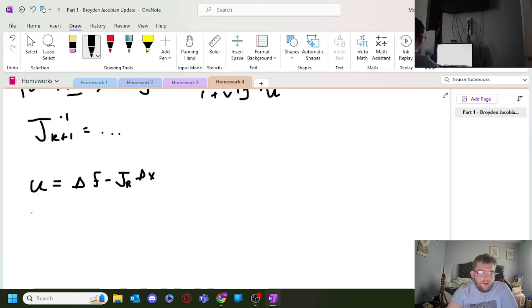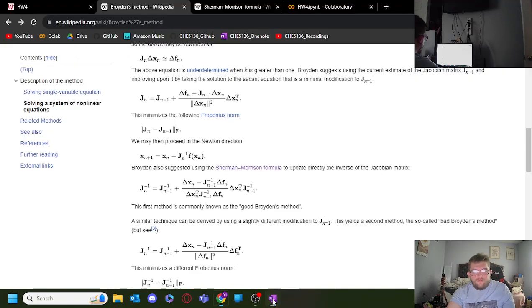That's our U. Now our V transpose is going to be our delta x transpose divided by the norm of delta x squared.